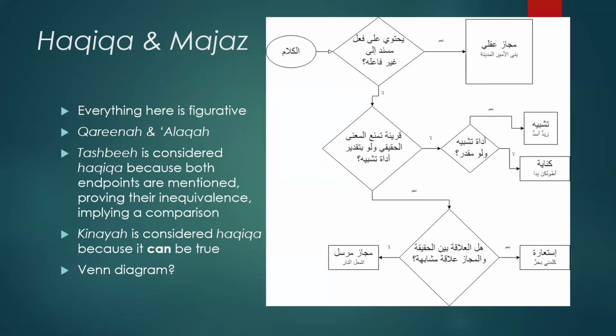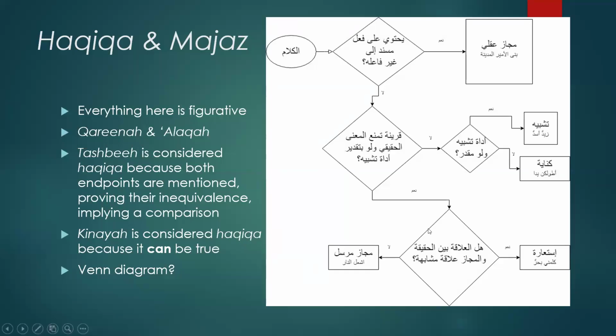Does it have something that prevents the lexical literal meaning, even if we have to assume the existence of a harf tashbih, a comparison operator? If yes, there is something that prevents the literal meaning, even after the assumption of an adat tashbih, then you ask yourself, is the relationship between the haqiqa and the majaz mushabaha? If yes, then it's isti'ara, and if no, then it's majaz mursal.